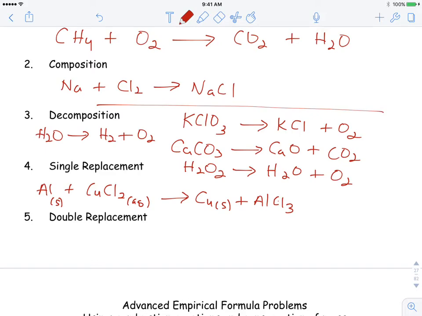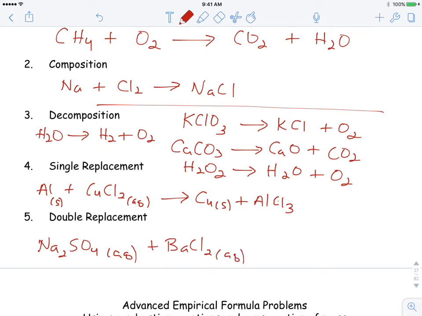And then finally, there's double replacements, which we're going to spend a lot of time on in this chapter coming up for chapter 4, and that's where you have 2 compounds that are both aqueous. So you'd have something like sodium sulfate, that's aqueous. And then you'd have something like a barium chloride solution that's also aqueous.